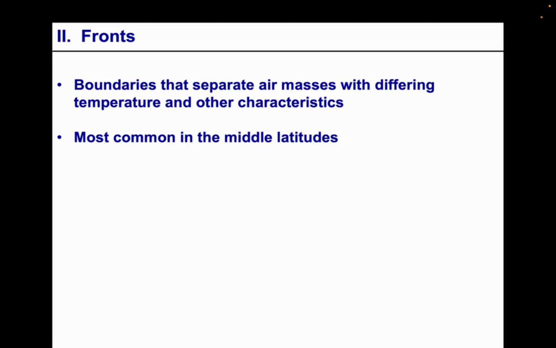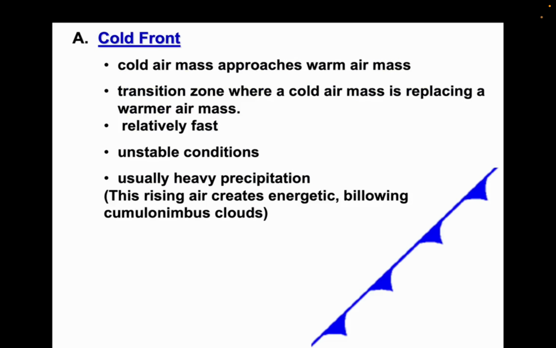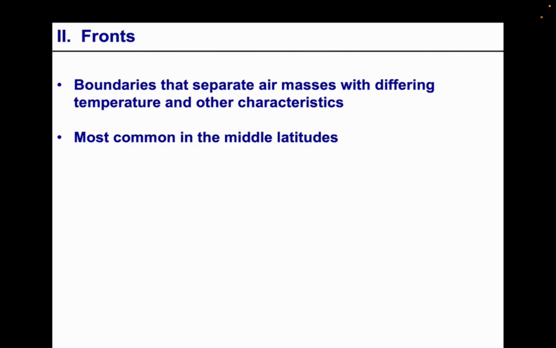And these are most common in the mid-latitudes, because that's typically the meeting place between these different types of air masses, right? In the tropics, we don't really have significant differences in temperature, and we don't have those cold air mass intrusions near the tropics. It's just warmer throughout, right?